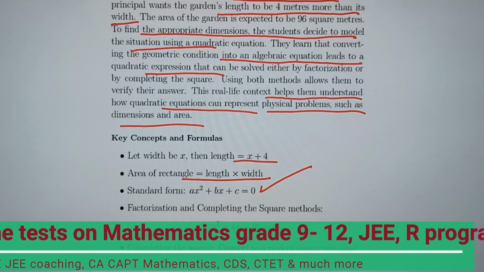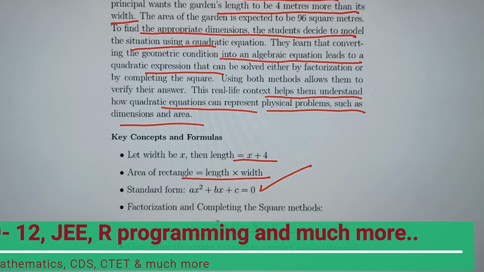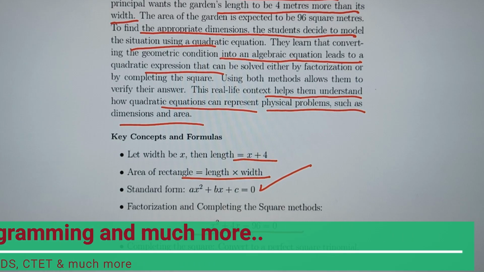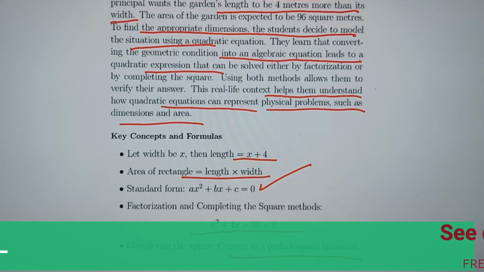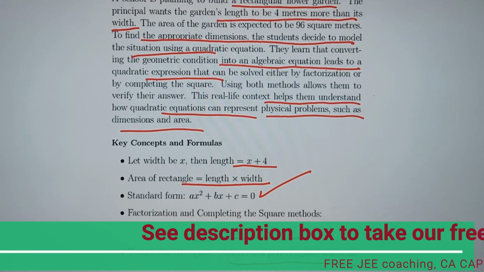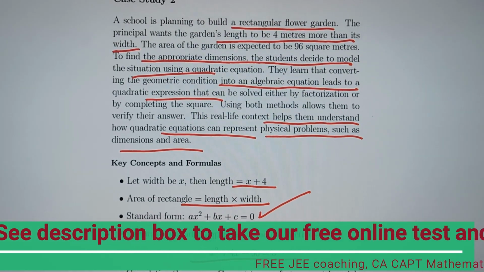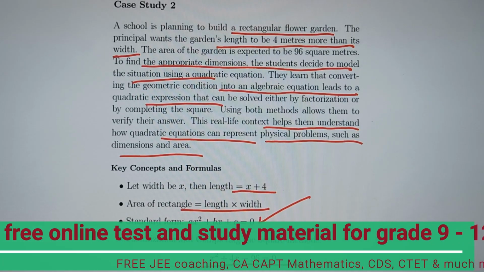Factorization and completing the square method: x square plus 4x minus 96 equal to 0. Completing the square: convert to a perfect square trinomial. So on the basis of this particular case study, I am going to discuss 5 MCQs as per the board standard. So let's move forward and discuss our first MCQ on this case study.